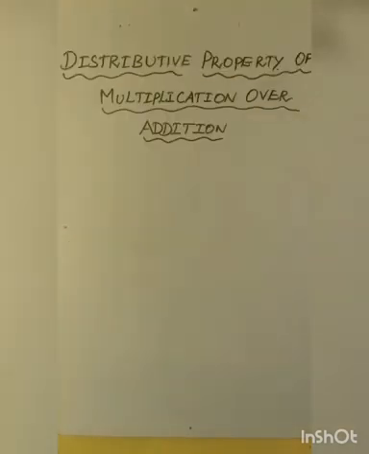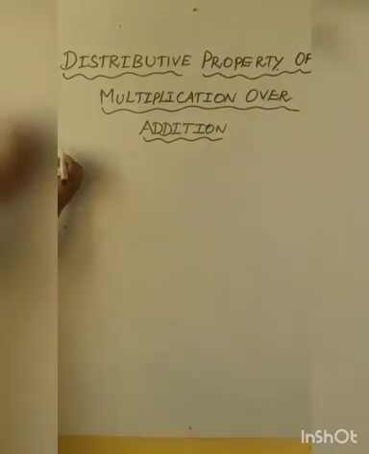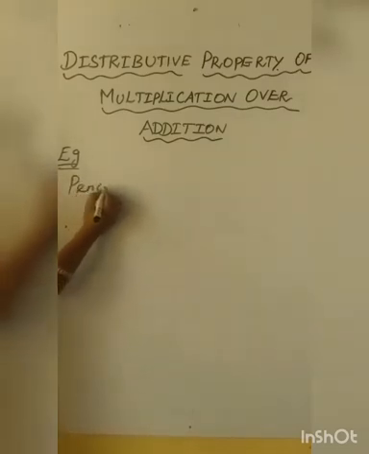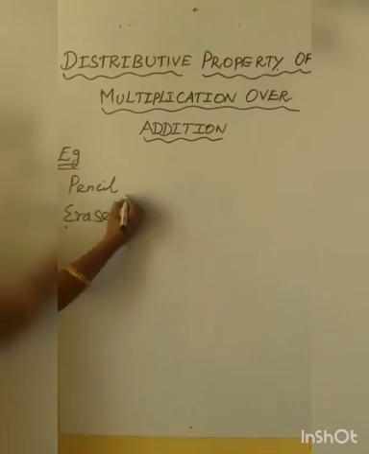The next property is the distributive property of multiplication over addition. Let us see how to use addition in the multiplication property. For example, suppose I want to buy a pencil and an eraser.